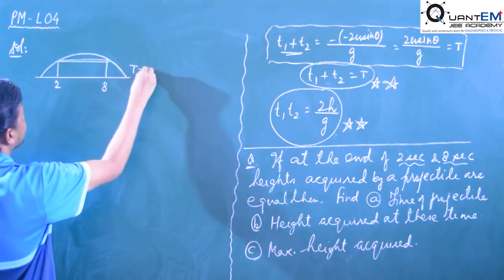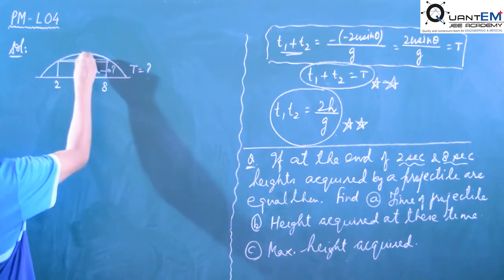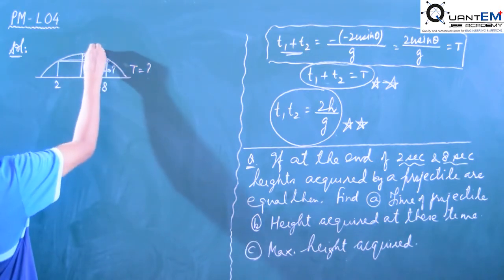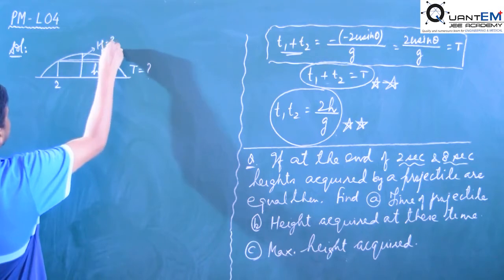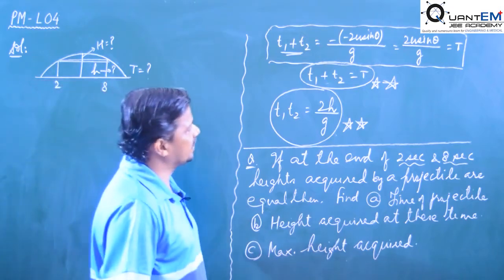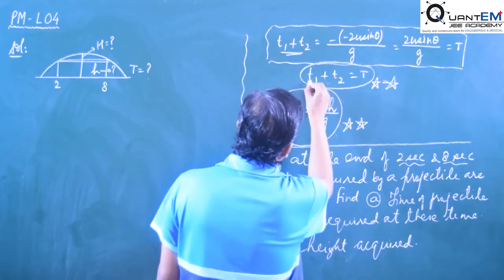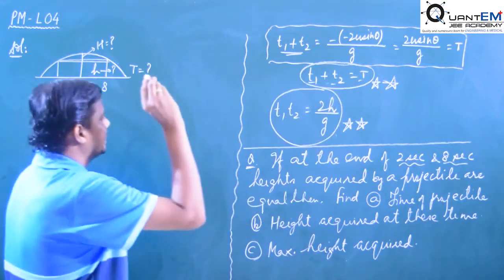We have to find the value of time, this height, and also the value of the maximum height. So we know that if at two different times a projectile acquires equal heights, then the sum of times is equal to what? The time period.